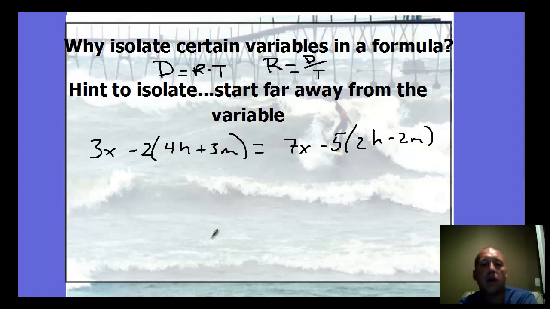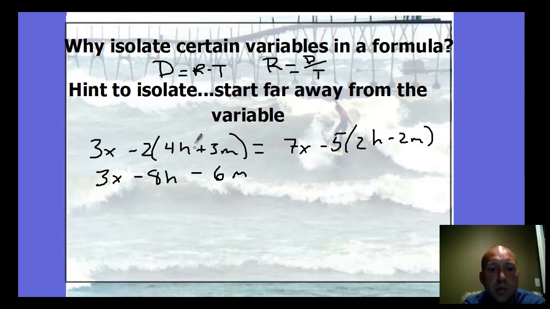So I have some variables there. I'm still following the framework for solving from a previous section, simplifying first. I'm going to distribute here, and then I also need to simplify on this side, so I need to distribute a negative 5.